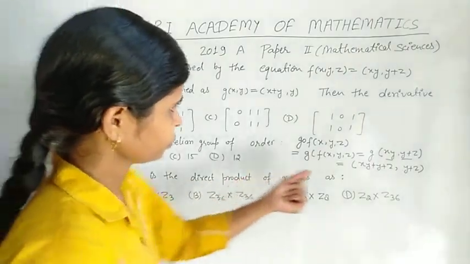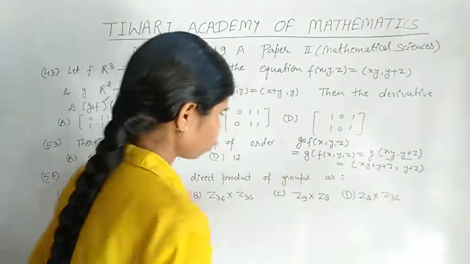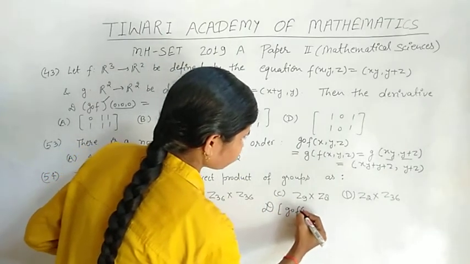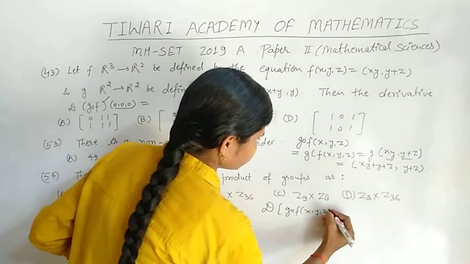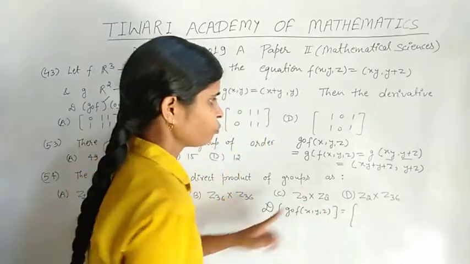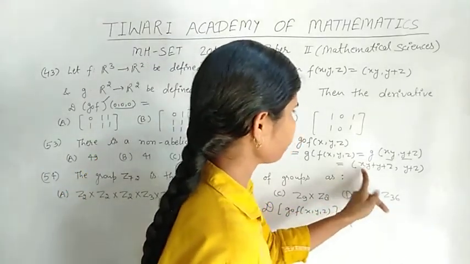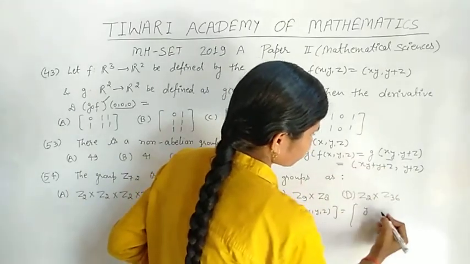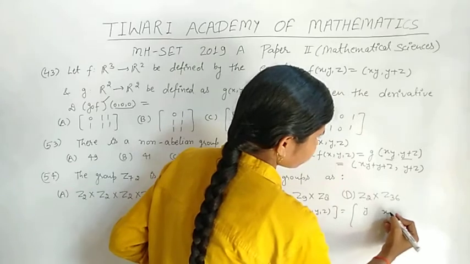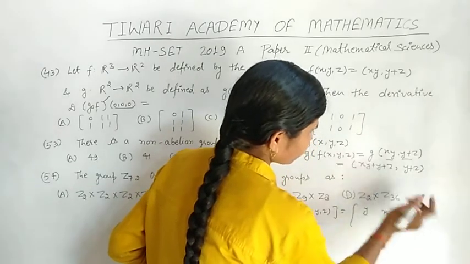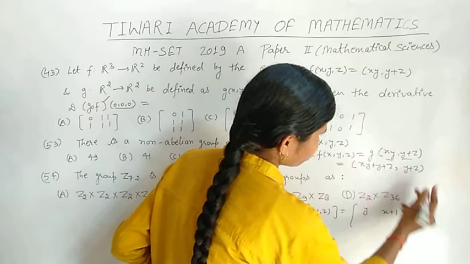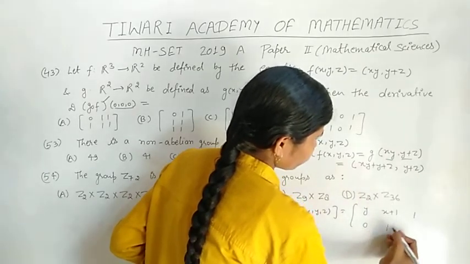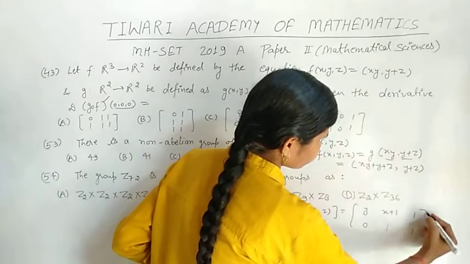And we find the derivative of this. So d(g circle f)(x,y,z) is equal to: first member, partial differentiation with respect to x is y, with respect to y is x plus 1, with respect to z is 1; second member, with respect to x is 0, with respect to y is 1, with respect to z is 1.